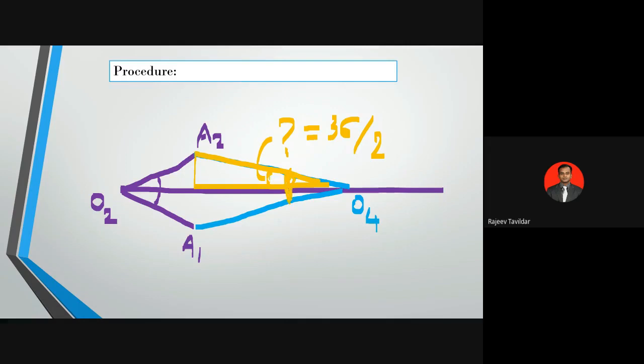I am taking only the upper triangle, half of it, so it will be 36 by 2, 18 degrees. Since this is a right angle triangle, this becomes 90. So I have 90 plus 18, minus 180 degrees, because the triangle comes to 180 degrees. So this angle automatically becomes 72.